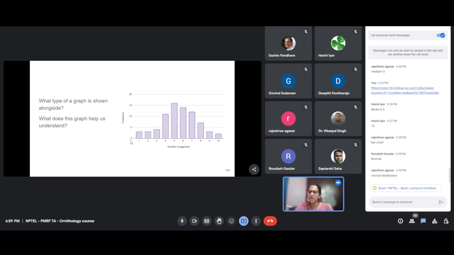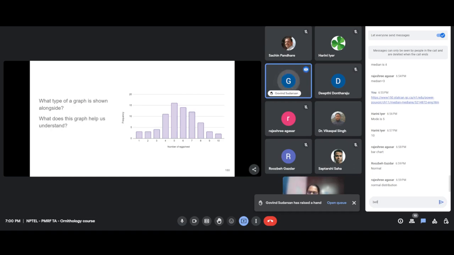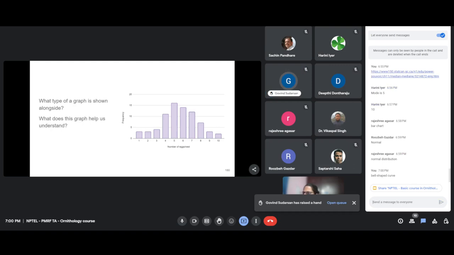So even if I'm collecting data like, for example, wing length, or yeah, Govind. What did you mention, ma'am? Normal distribution? I didn't get that. Bell-shaped curve. Is it a normal distribution? Sorry, Govind, I didn't quite catch what you said.